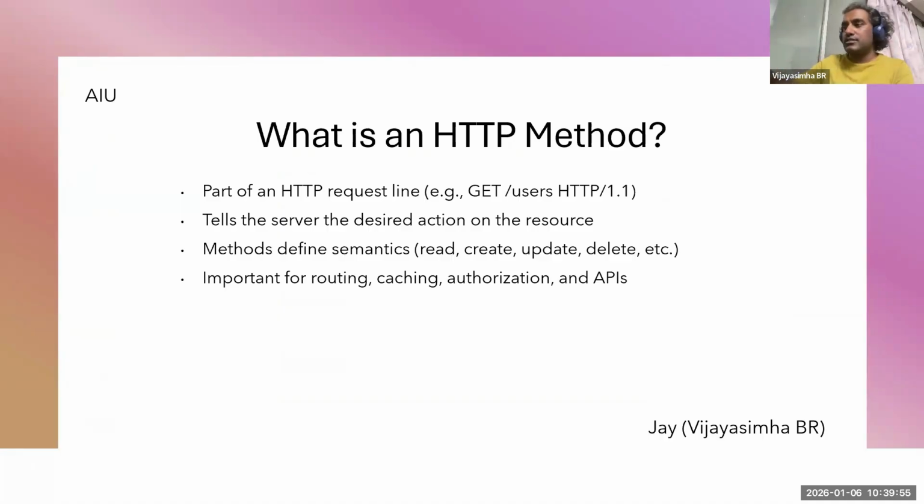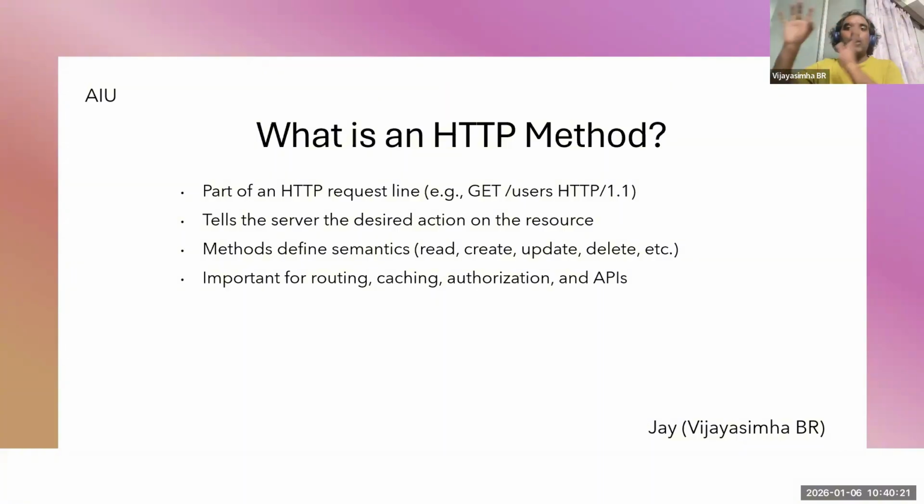What this GET thing, the HTTP method, does is tell the server what it has to do. In this case, if it is a GET HTTP method, then we are trying to get some data from the server. That's what a GET method would do. There are main HTTP methods corresponding to the standard database operations: create, read, update, and delete.